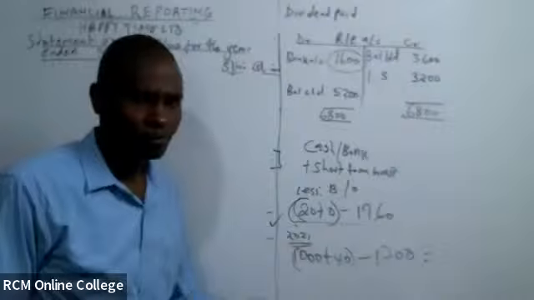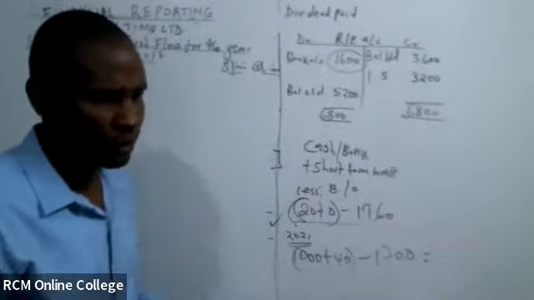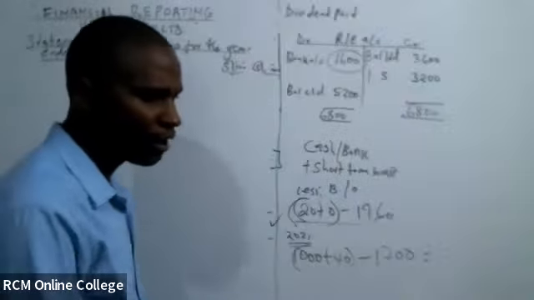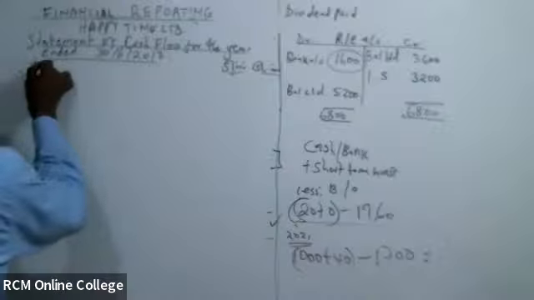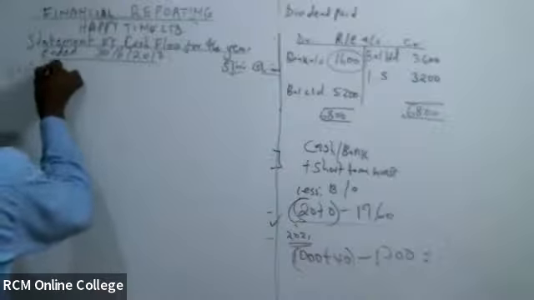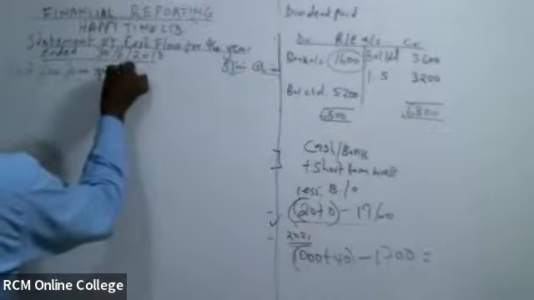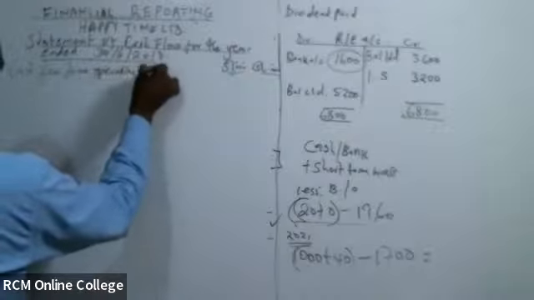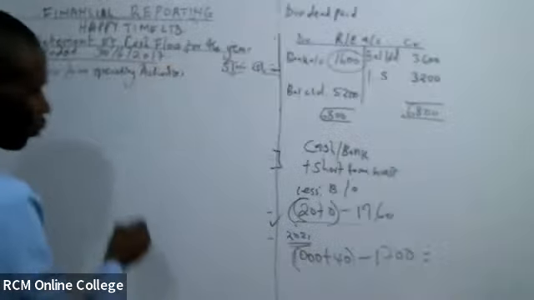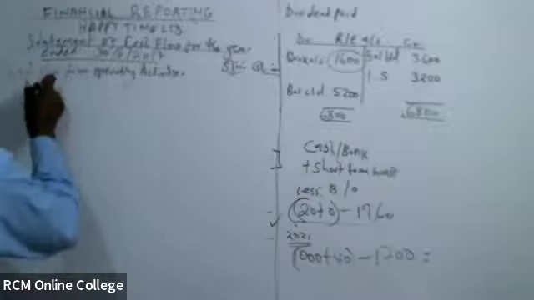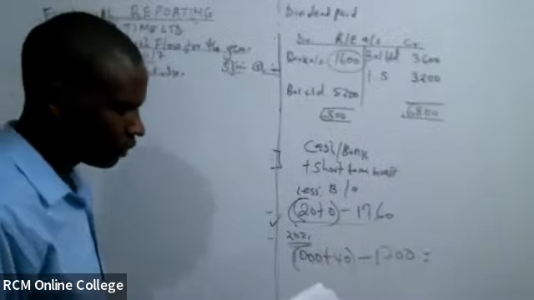Now I want you to guide me as we continue. So what do we start with? We have the cash flow from operating activity. This is the indirect method. We have profit before tax. So what is the profit before tax in our question?